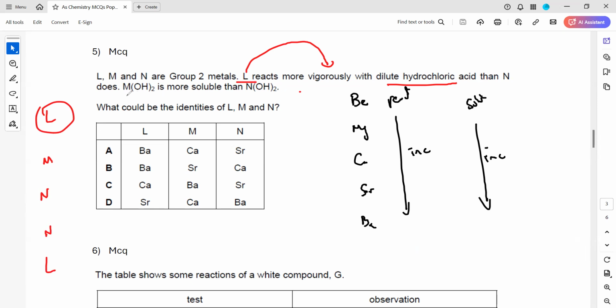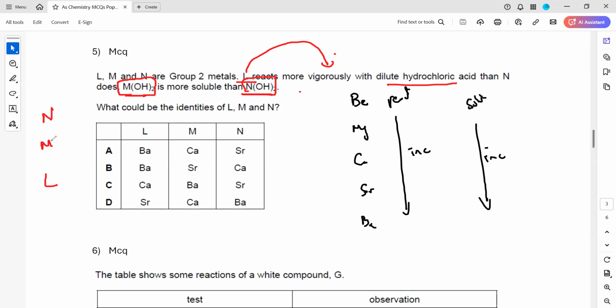Then the hydroxide of M is more soluble than N. First we identify that L is more vigorous, so the reaction increases, L should be at the bottom and N should be at the top. Then when we compare the solubility, M hydroxide is more soluble than N hydroxide, and solubility increases as we go down the group. So if M is more soluble, M is below N.